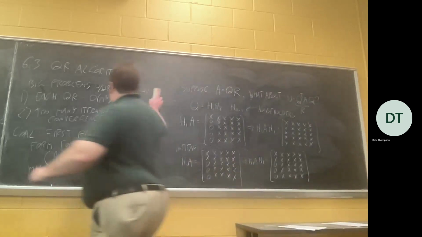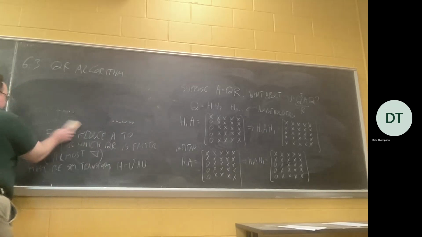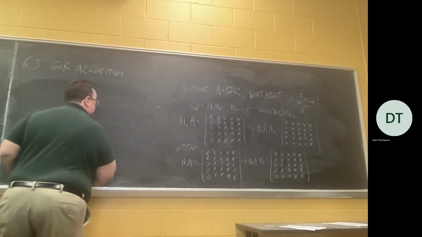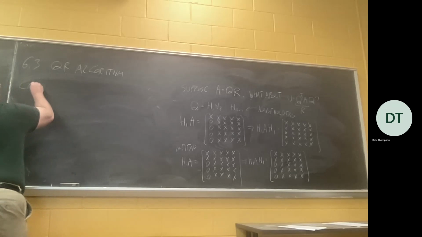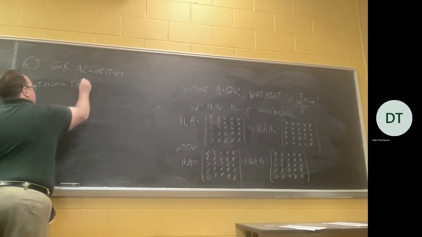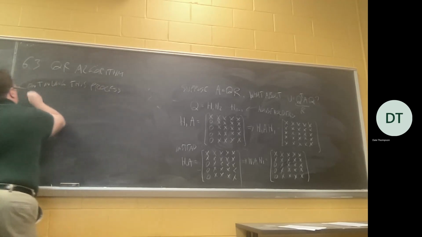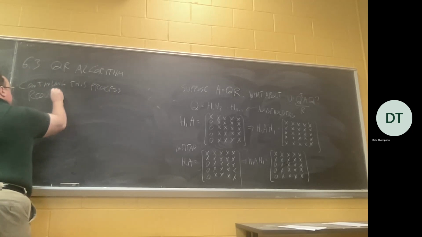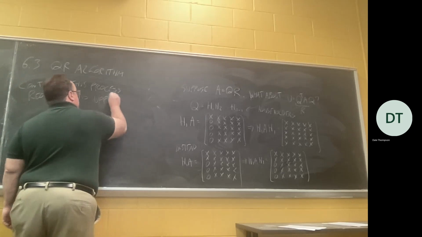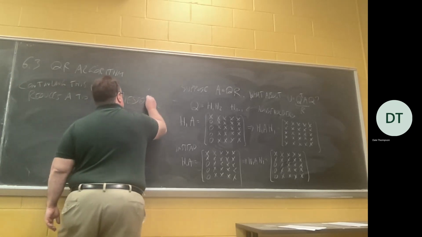In other words, this is where I use that magic phrase, continuing this process reduces A to what is called upper Hessenberg form, which is actually why I'm using a letter H for this.